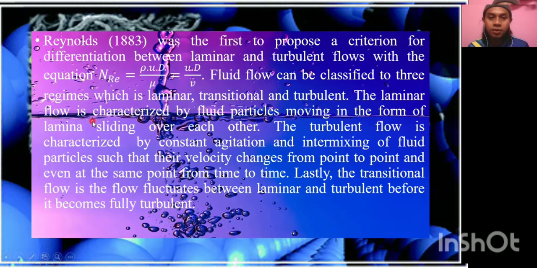The laminar flow is characterized by fluid particles moving in the form of lamina, sliding over each other. The turbulent flow is characterized by constant agitation and intermixing of fluid particles, such that their velocity changes from point to point and even at the same point from time to time. Lastly, the transitional flow is the flow that fluctuates between laminar and turbulent, before it becomes fully turbulent.